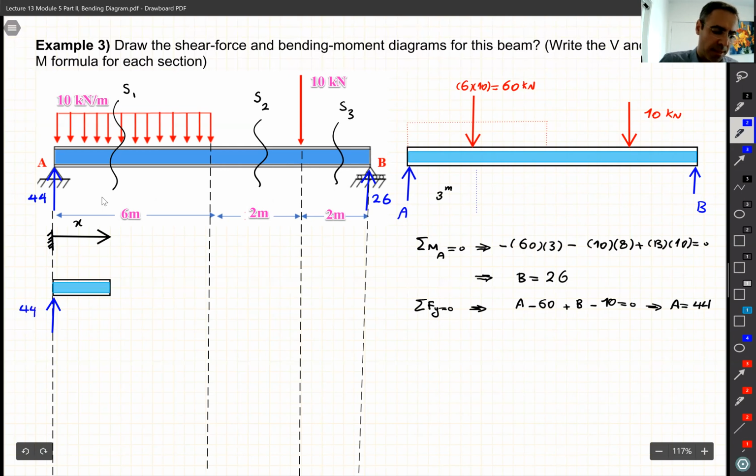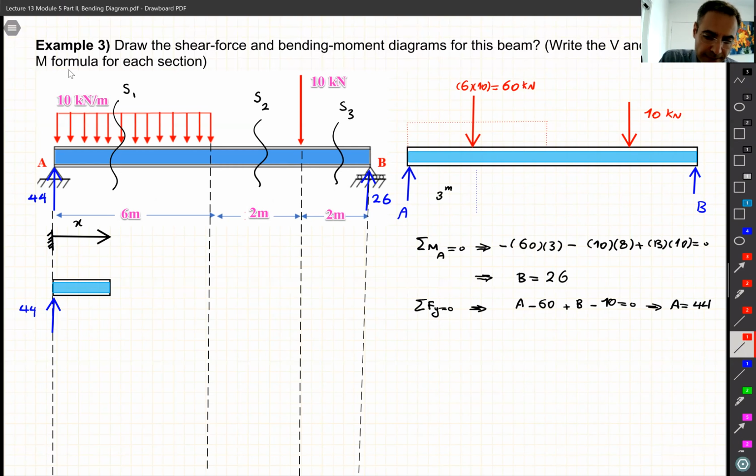And then I see the distributed load. We need to be very careful about these distributed loads. This distributed load is, remember, on this region. So somebody tell me what is the equivalent of this distributed load?